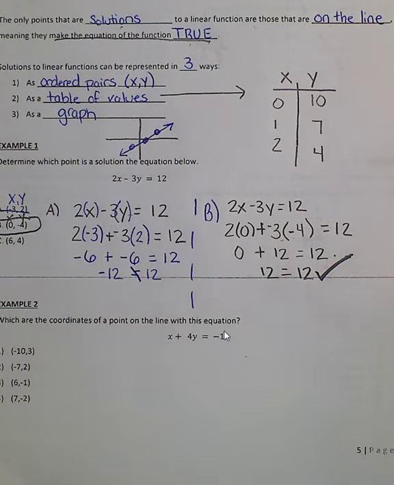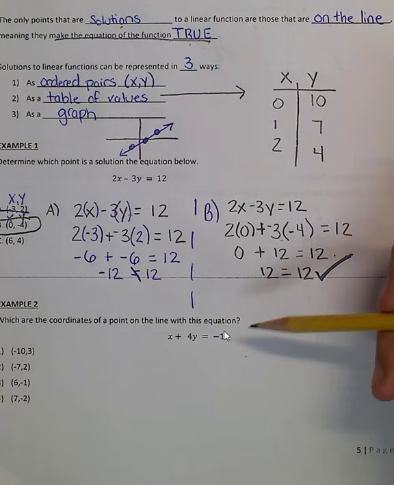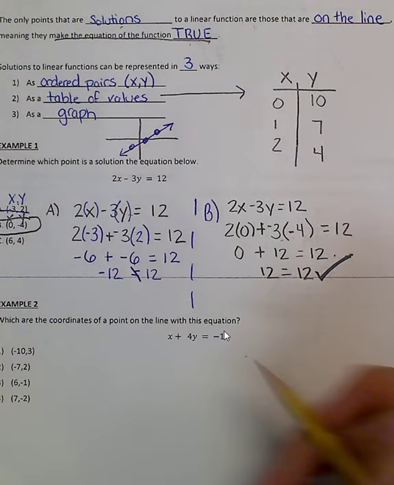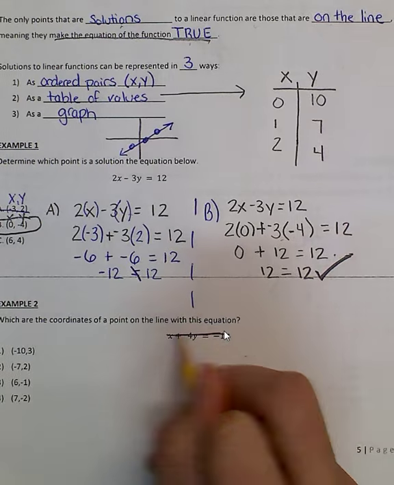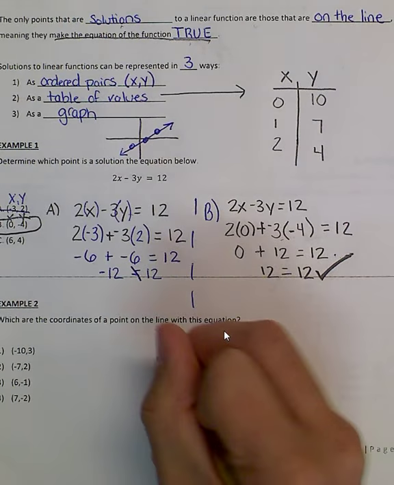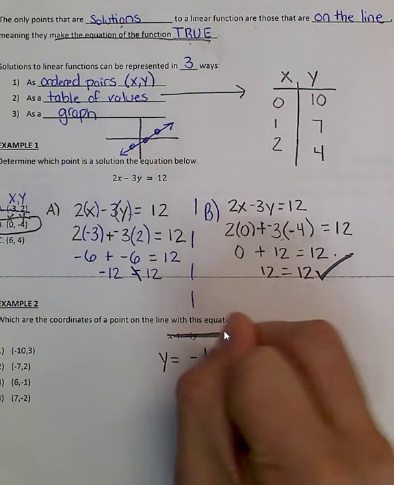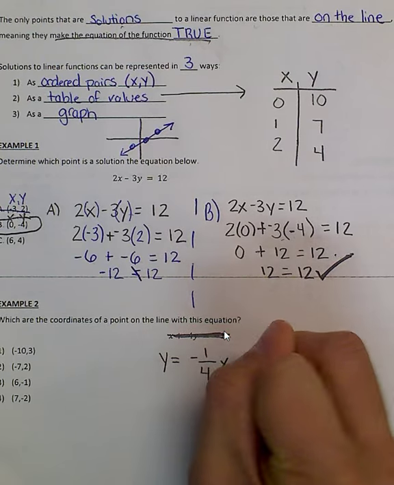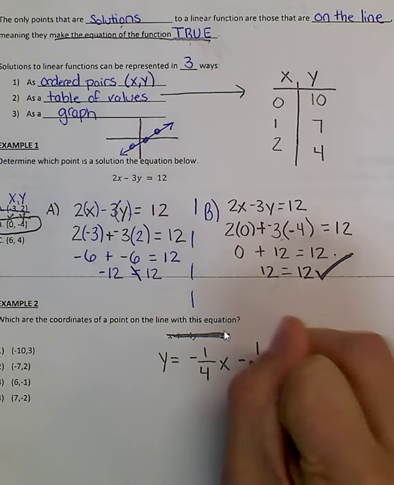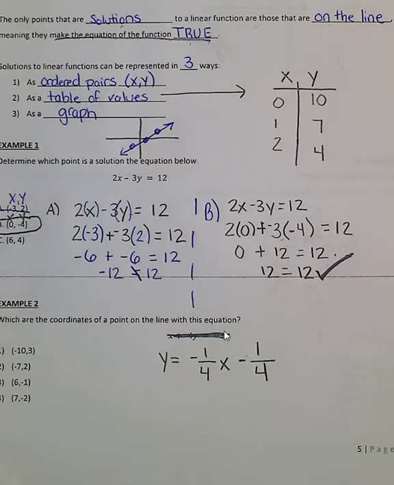In example 2, which are the coordinates of a point on the line? Well, in class we actually changed this equation. We changed it to y equals negative 1/4 x minus 1/4. Okay, so make that change on your paper. And again, same idea here.